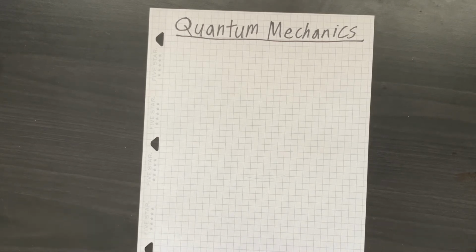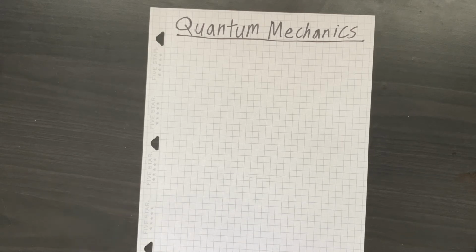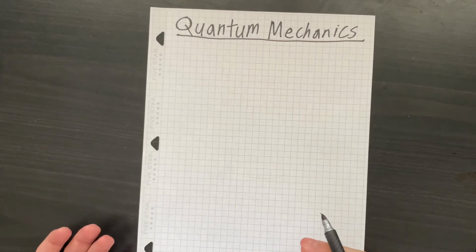Since we don't fully understand quantum mechanics too well, there are lots of different interpretations of it and a lot of philosophical debate about which interpretation is better and what different interpretations mean for the universe, and a lot of it is up for debate still today.